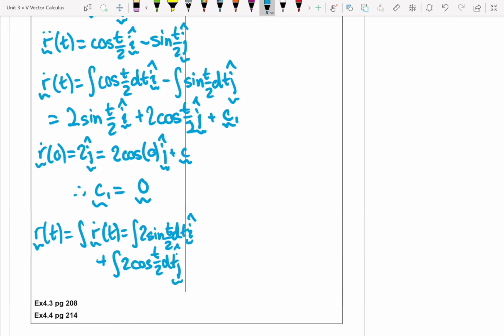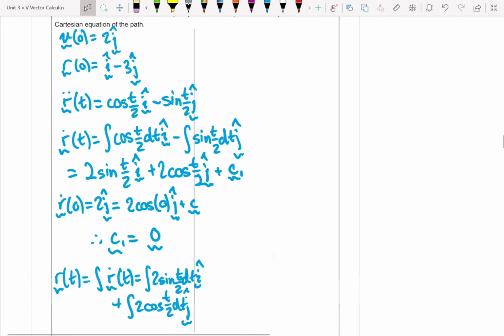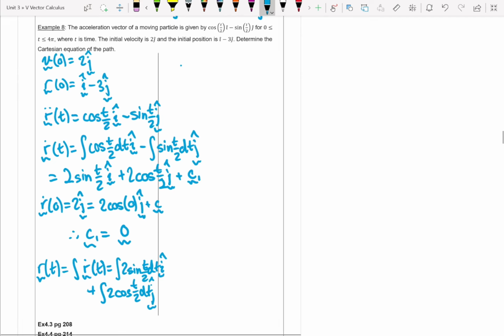That is going to give us negative 4 cosine t on 2 i plus 4 sine t on 2 j. And that's going to be our r of t.